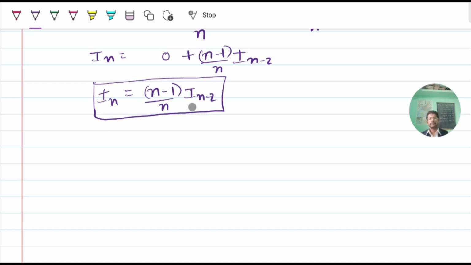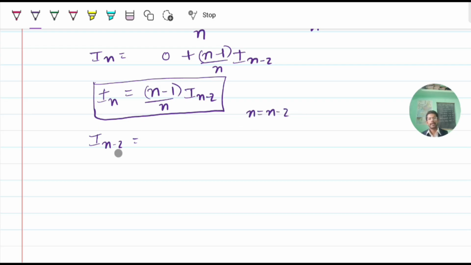In the problems we already solved, we reduced I_n minus 2, right? Let us reduce for this. I_n minus 2, by this formula, we have to put n equals n minus 2.